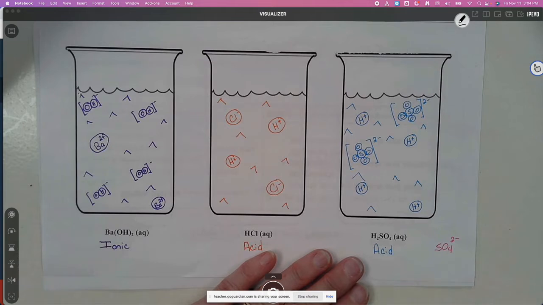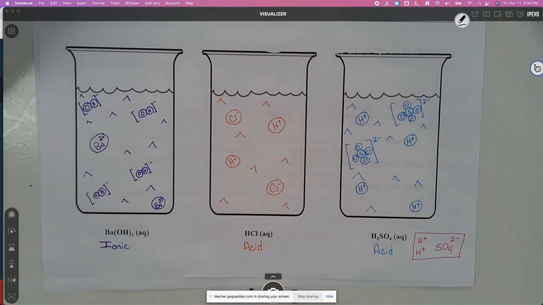And if acids have to contain hydrogen, hydrogen is a +1. So we're back to that idea of the fill the box is going to help us figure out what parts and pieces it breaks into when it gets wet. So this breaks into 2 hydrogen ions that don't stay as H2 because they're both positively charged, so they repel one another. And so we end up with our sulfuric acid looking like that.